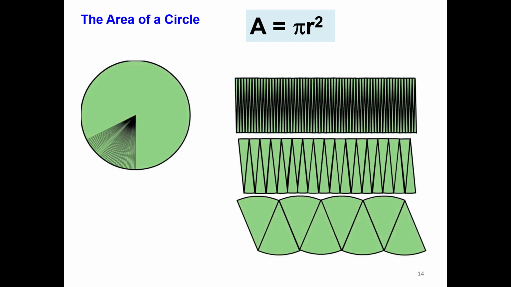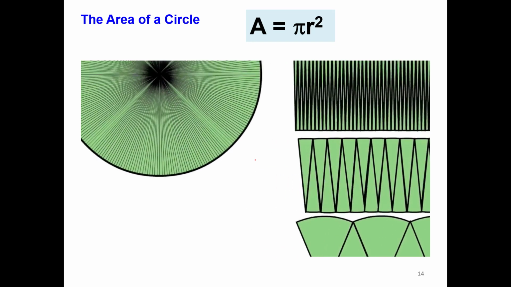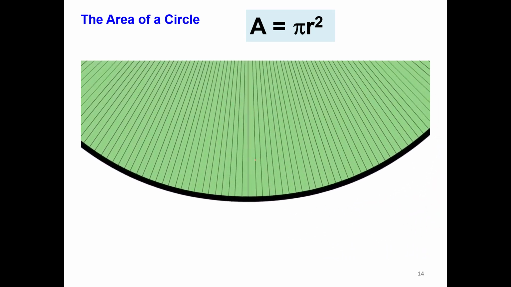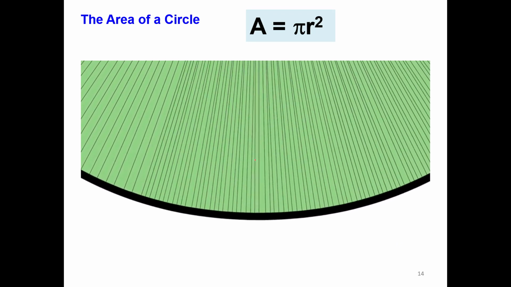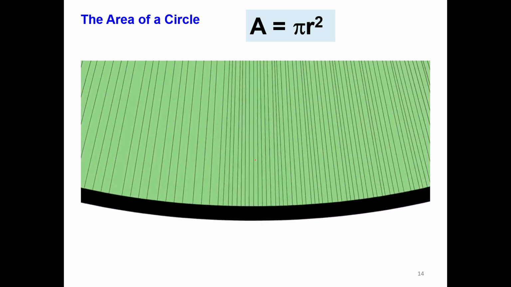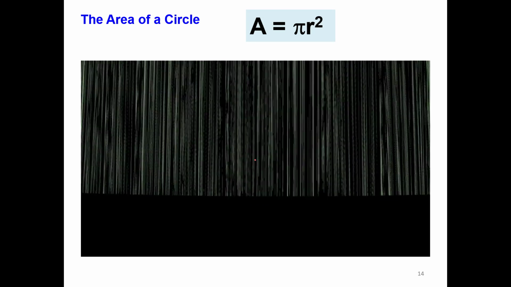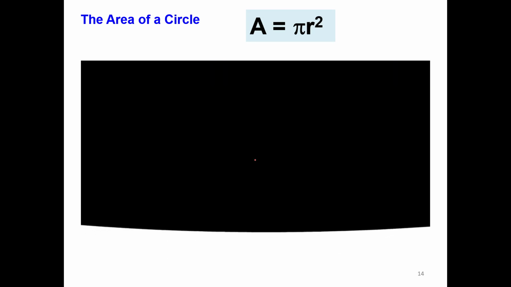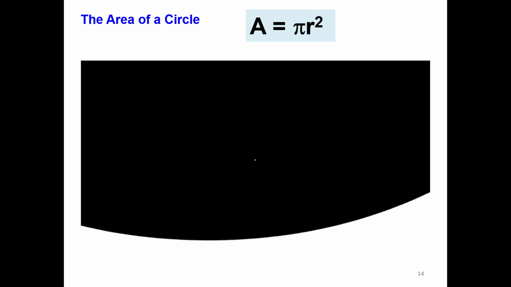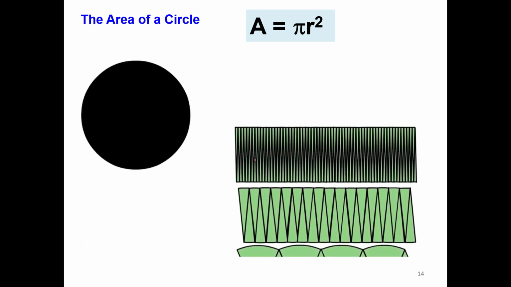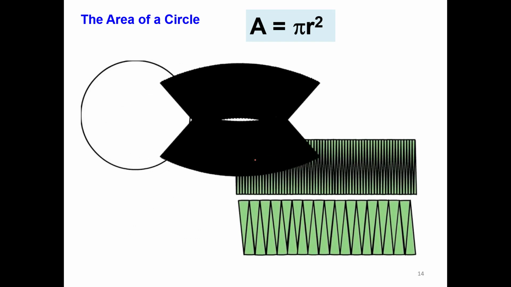So how small must we divide a circle before we can get a perfect rectangle? Well, we can keep on dividing the circle into smaller and smaller pieces. But the answer is to divide the circle infinitely many times until we cannot distinguish the lines, and eventually the circle becomes a perfect rectangle.